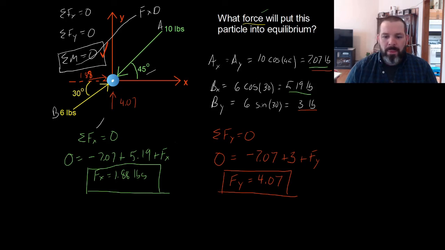Now, I asked you not for two forces, but for one force. So what we're going to have to do is find the resultant and the angle for this force. So that gives us two unknowns. We want to find the resultant and the angle.